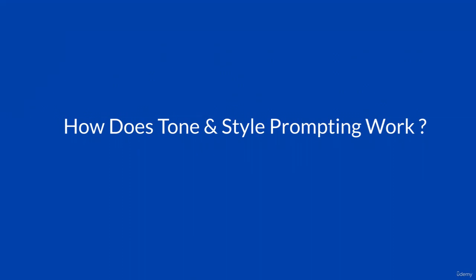So how does tone and style prompting actually work? The basic idea is to provide the AI language model with specific instructions about things like word choice, sentence structure, and tone. For example, if you are using GPT to generate responses for a customer service chatbot, you might provide it with guidelines like: use clear, simple language that is easy for customers to understand, avoid technical jargon or industry-specific terms that might confuse customers, adopt a friendly, approachable tone that helps put customers at ease.